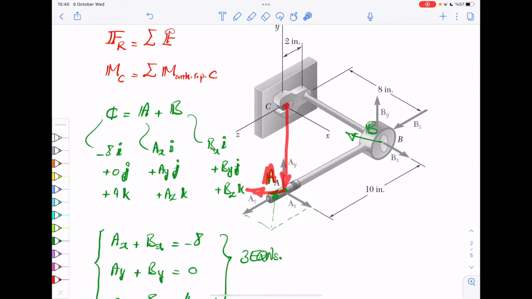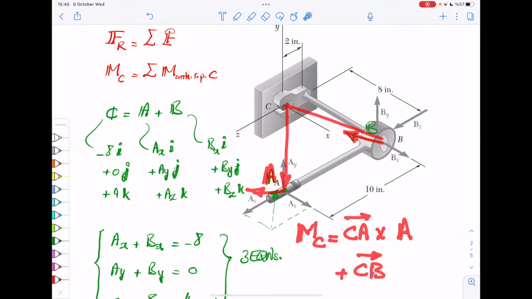And then you do the same thing. So the distance from point B times the force at B. So that moment at C is the distance CA times force A, cross product, because it's the moment, plus CB, these are vectors, obviously, times B. All right? So that's what you have.